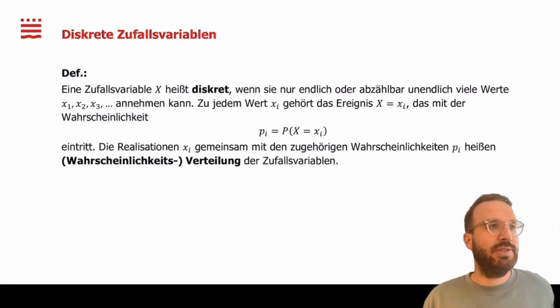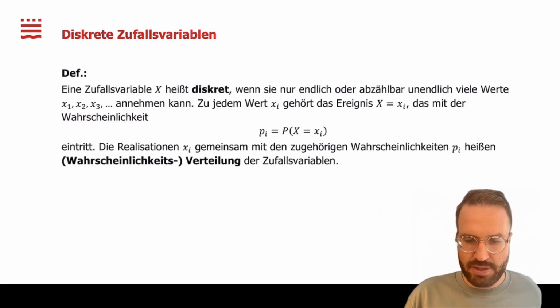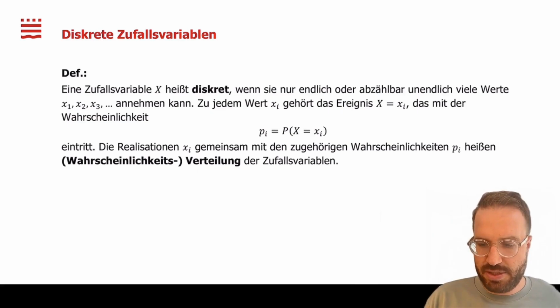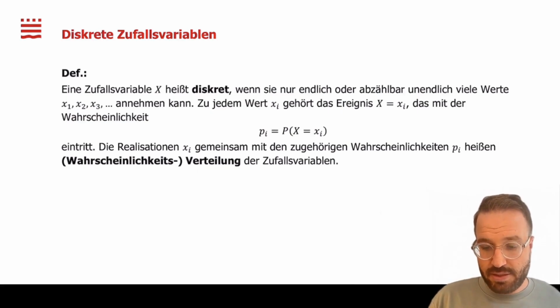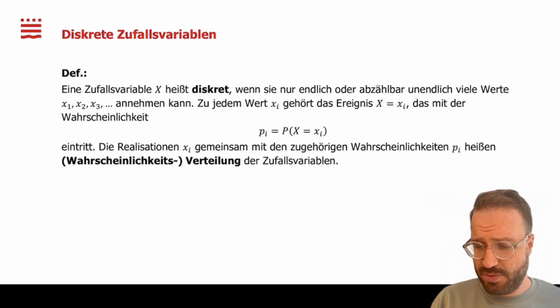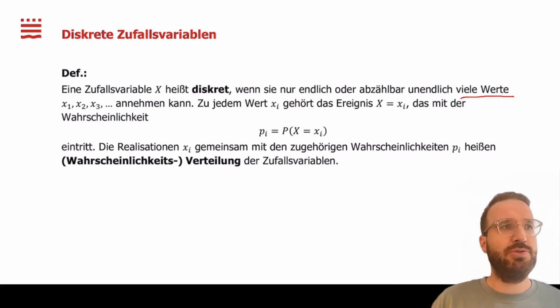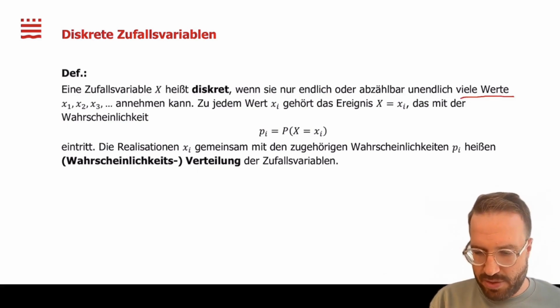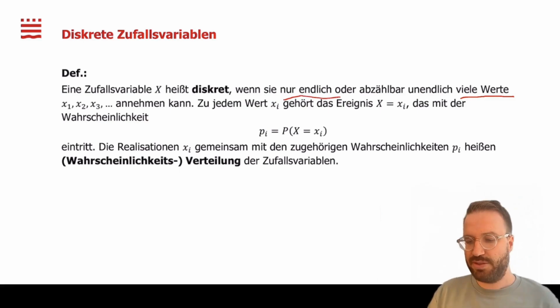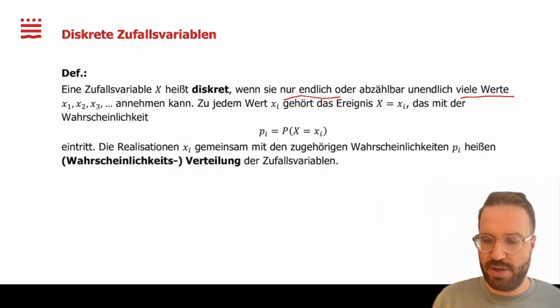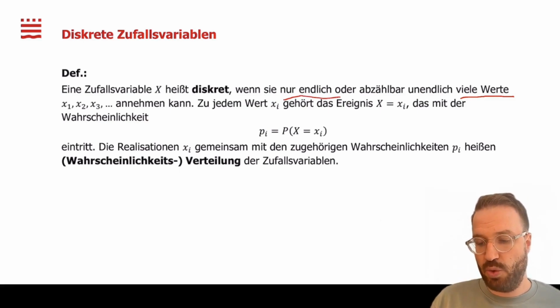So let's first consider what it actually means for a random variable to be discrete. A random variable is a function, and we can ask how many values this function takes. If these are only finite, that would be one possibility, which is also the part we primarily consider, or they can take on countably infinitely many values.